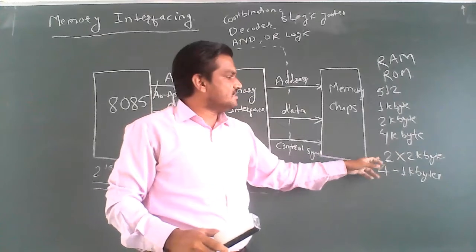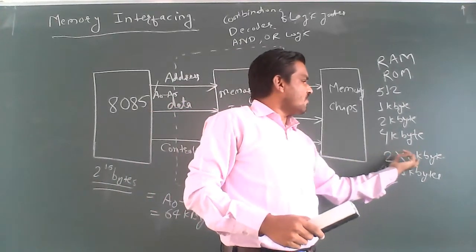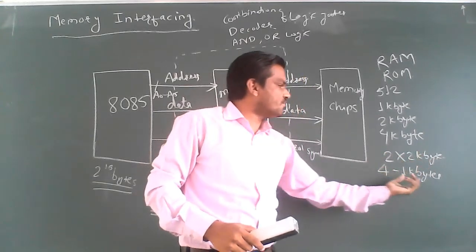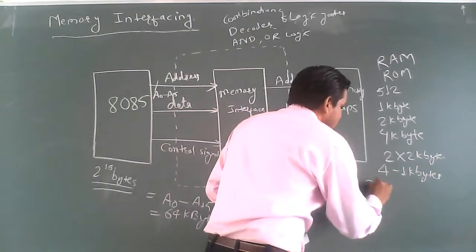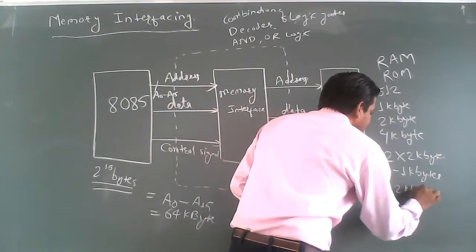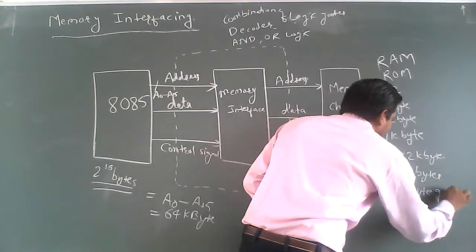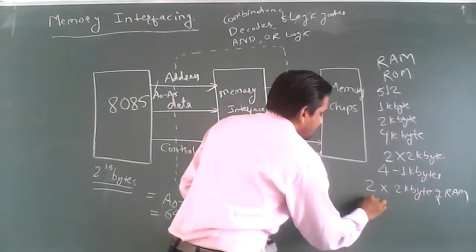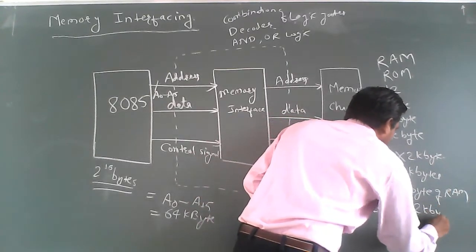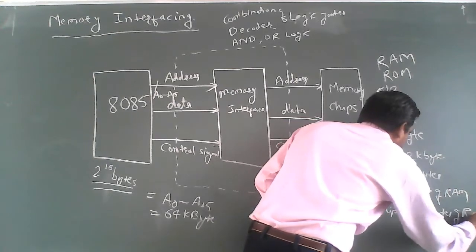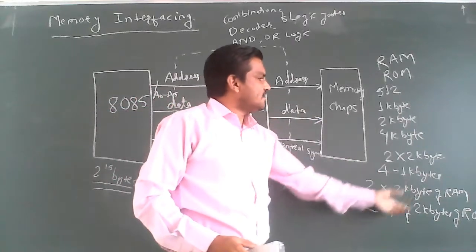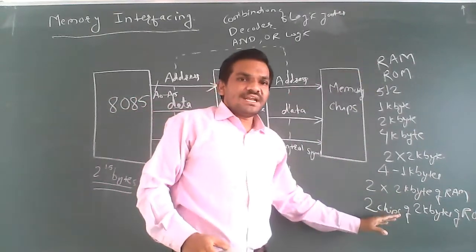In this example we can have 2 chips of 2 kilobytes, or 4 chips of 1 kilobyte. Even a combination is possible, that is 2 chips of 2 kilobytes of RAM and 2 chips of 2 kilobytes of read-only memory.